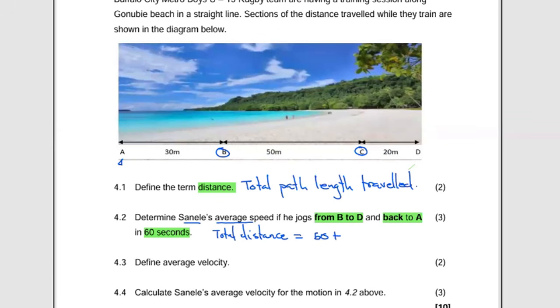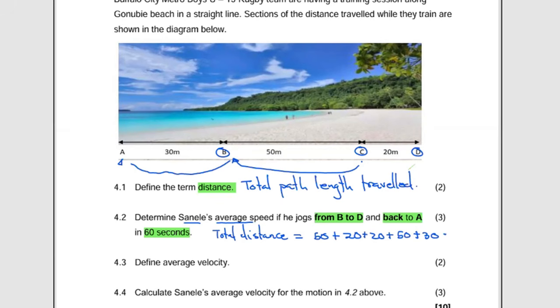So I'm going to say 50 plus, then after that, he traveled from C to this point, which is D. Therefore, I'm going to say plus my 20 there. Then after that, now we know he also traveled from D to C. He passed C. So I'm supposed to add that 20 there. Then after C there, he also traveled until point B, which is 50 meters. Then after that, he also traveled a distance from B to A, which is 30, right?